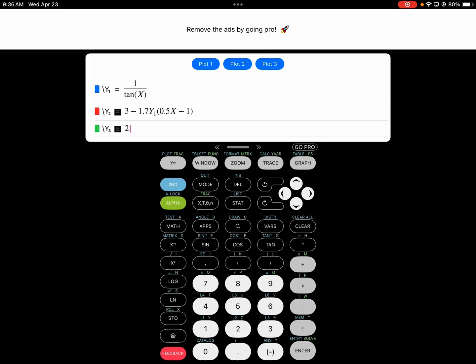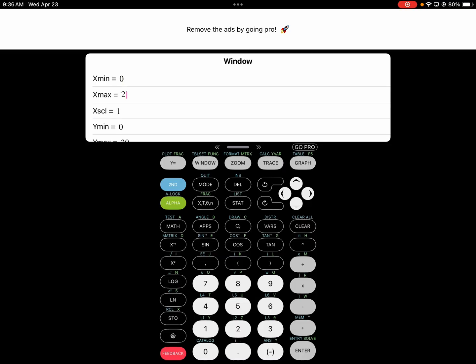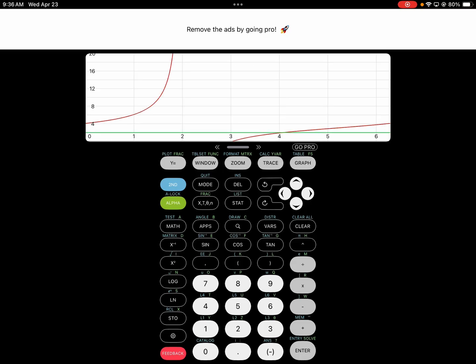So that's what it should look like in your y equals. Then I'm going to go to window and change my x min to 0, my x max to 2 pi. Hit enter. And then we're going to graph and pray for the best.